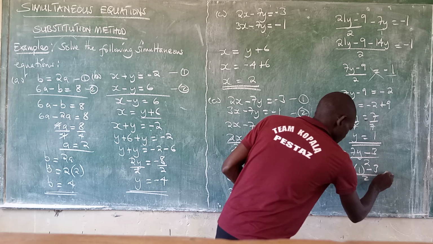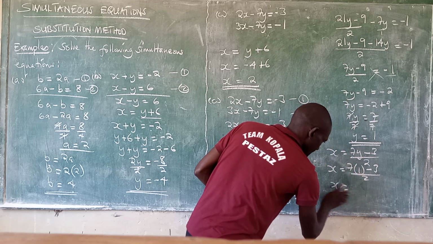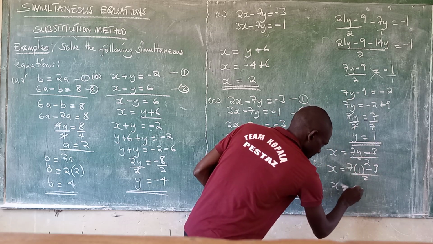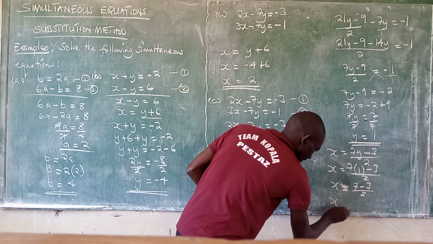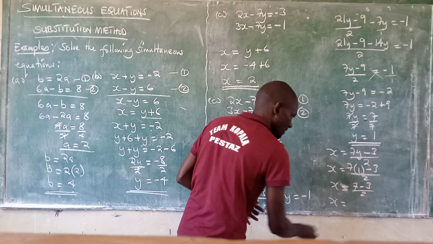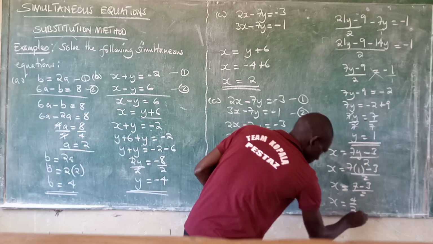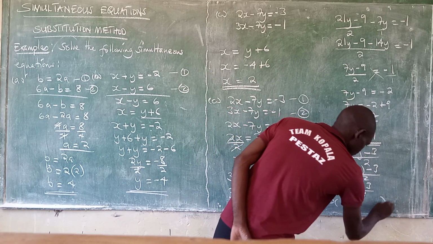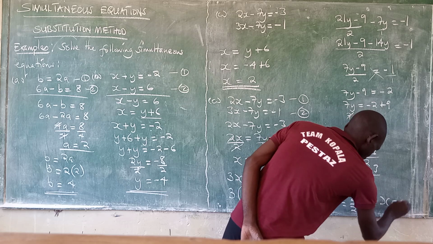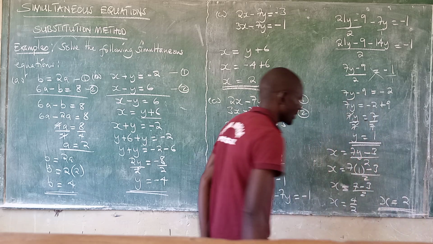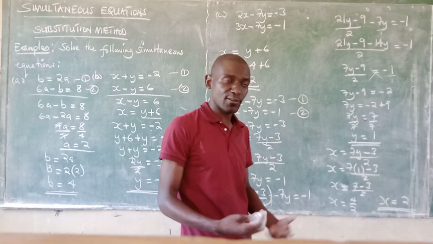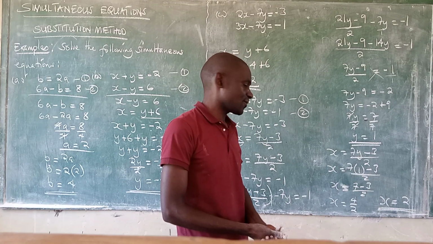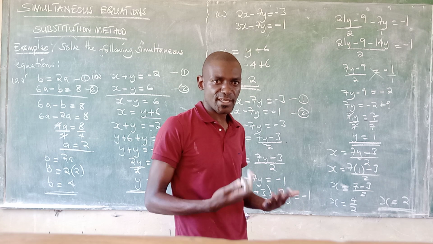That gives us x as 7 minus 3 over 2. And then this becomes 7 minus 3, which is 4, over 2. And then 4 over 2 is just equal to 2. So our x is 2, our y is 1, and those are the answers I'm sure that we found even when we used elimination.